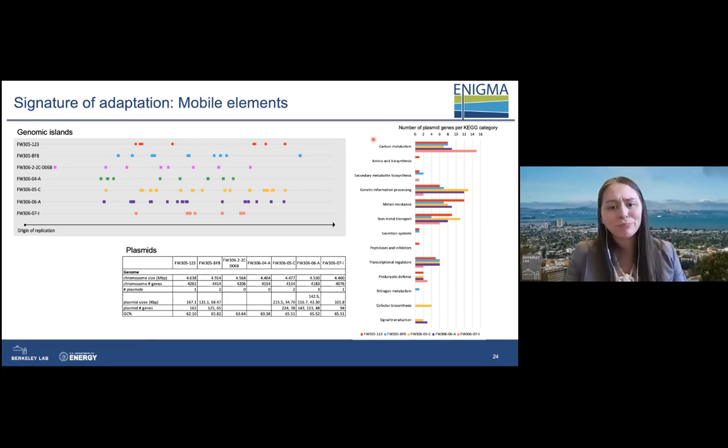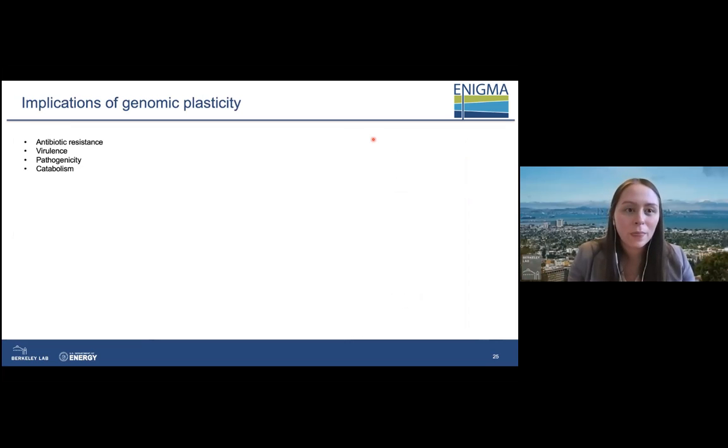And we loved this result, right? It was very exciting to see that some of these environmental genes were around these classic signatures of adaptation.